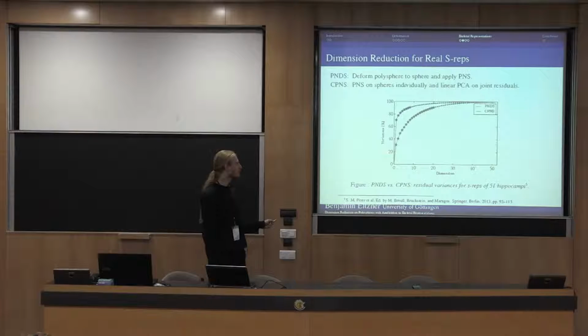And what we achieve is we need much less components to get down to a certain rest of unexplained residual variance. So we need less than half of the components here for a test data set of hippocampi SREPs.